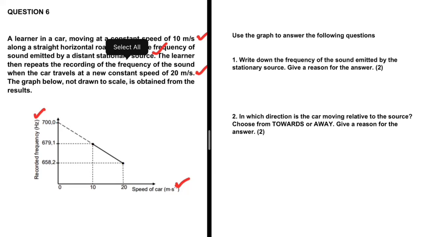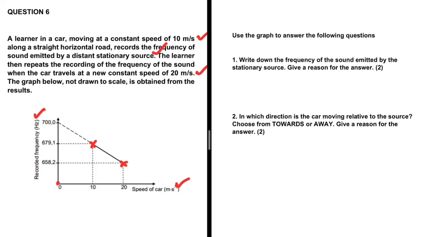We're going to come back to that. And then when the speed of the car is 10 meters per second, the recorded frequency is 679.1 hertz. And then when the speed of the car is 20 meters per second, the recorded frequency is 658.2. Right. So let's make sense of this frequency when the speed of the car is 0 meters per second.